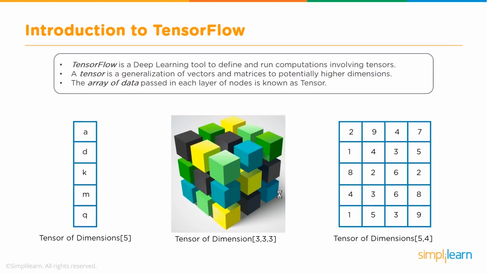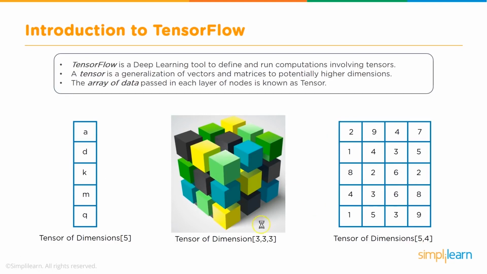Now, tensors are like multi-dimensional arrays. That's sort of one way of looking at it. First of all, you can have what is known as a scalar, which means a number. And then you have a one-dimensional array, a set of numbers. Then you can have a two-dimensional array, which is like a matrix.